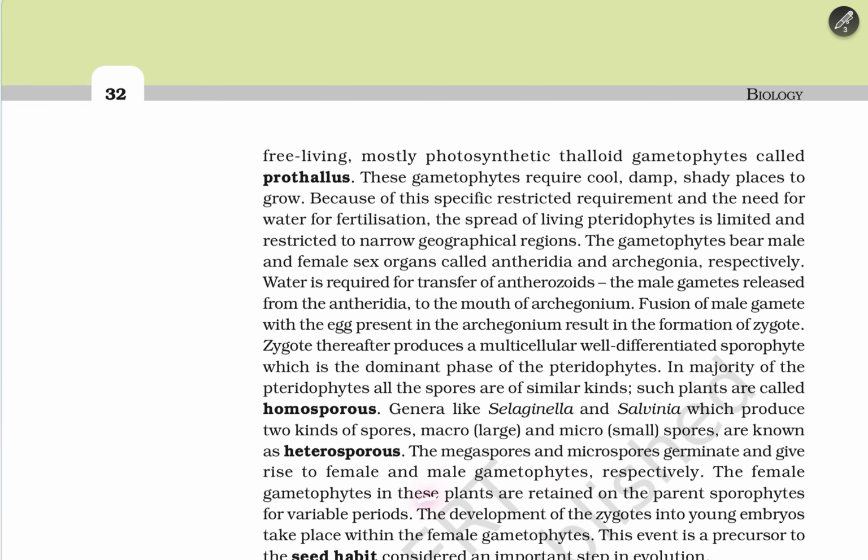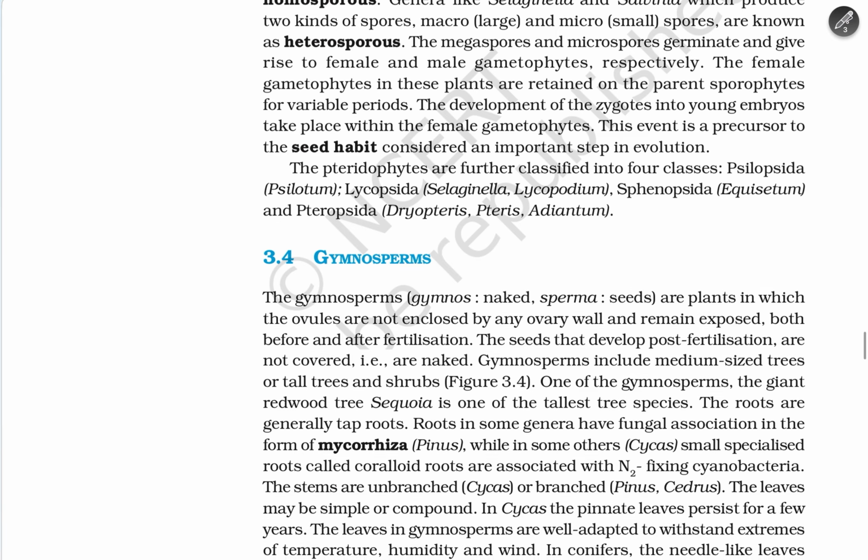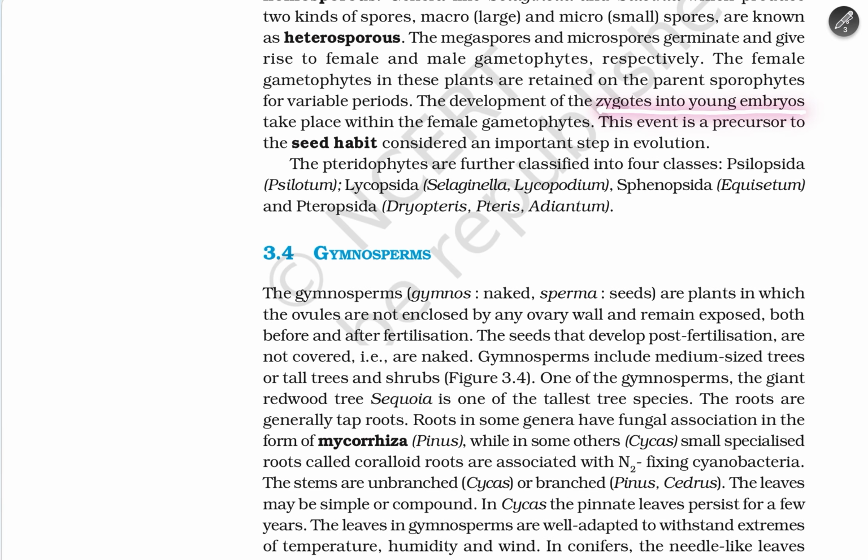The female gametophytes in these plants are retained on the parent sporophytes for variable periods. The development of the zygote into an embryo takes place within the female gametophytes. This event is a precursor to the seed habit, which is important for evolution.